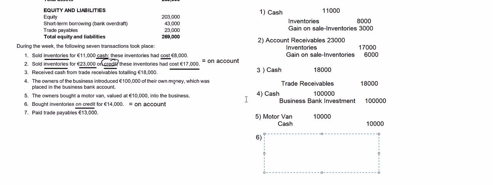In this situation, we got more inventories. We book 14,000. And now we need to use accounts payable, and we book about 14,000.